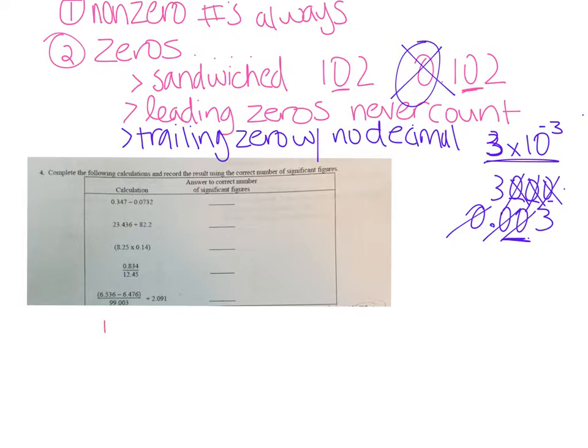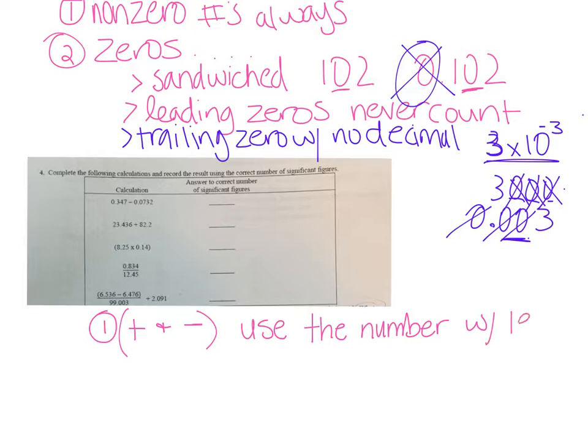So when you're doing math, when you are adding and subtracting, you're going to use the number with least decimal places.